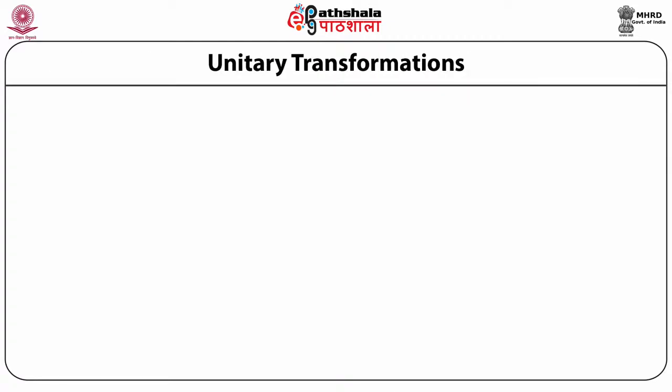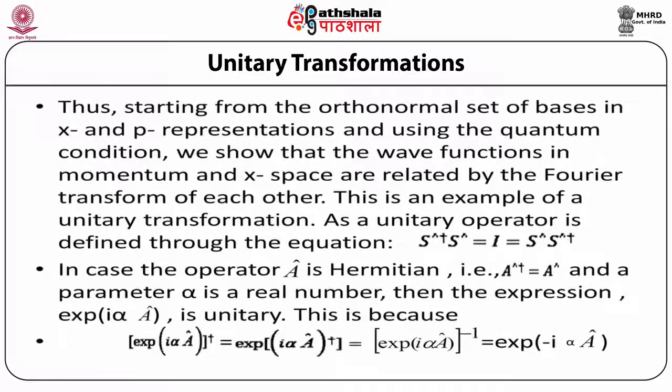Unitary transformations. Thus, starting from the orthonormal set of bases in the x and p representations, that is in the coordinate and momentum representations, and using the quantum condition, we show that the wave functions in momentum and coordinate space are related by the Fourier transform of each other.